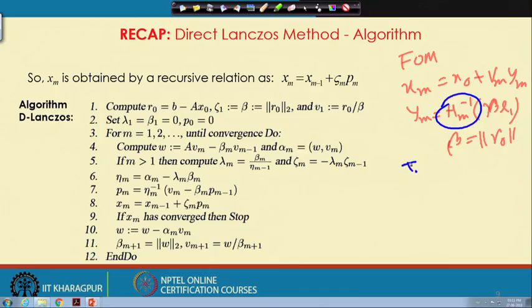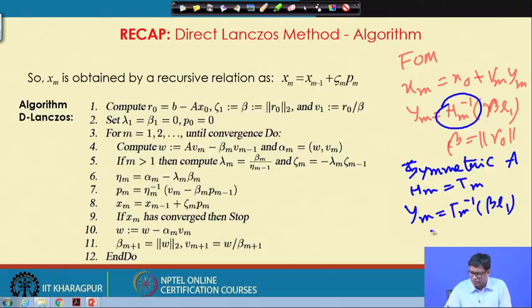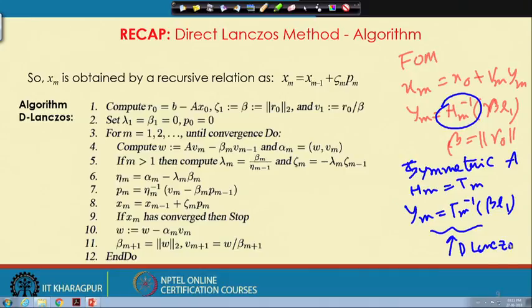So, instead, for symmetric A, Hm is equal to Tm, and we get Y is equal to Tm inverse beta E1, which is now the D-Lanczos method, which we are discussing here, and this Tm is tridiagonal.